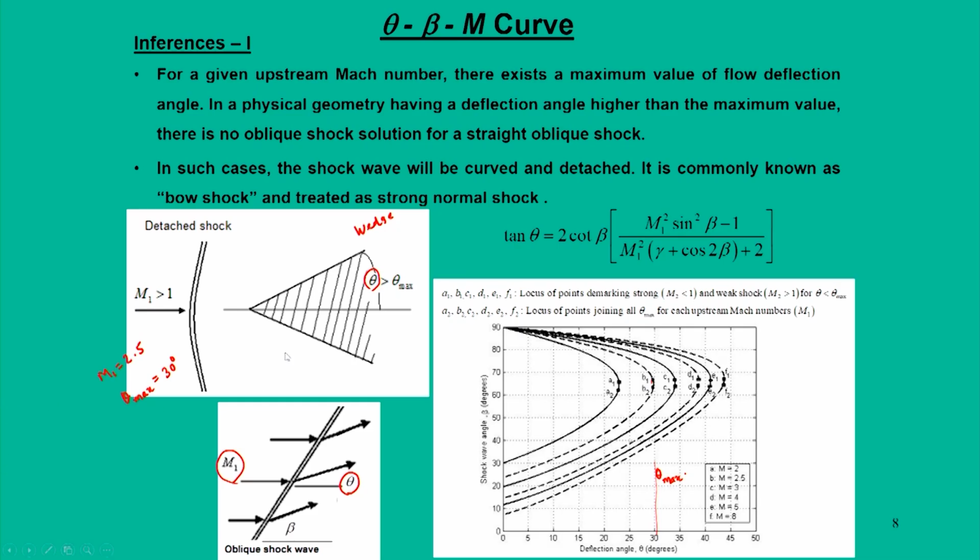Now, in a physical geometry, which is a wedge here with supersonic flow passing over it, if this angle theta is greater than theta max, that means if it is more than 30, we do not have oblique shock solutions. So, we cannot use this oblique shock curve. What happens physically? Since no oblique shock solution is possible, we will encounter a detached shock.